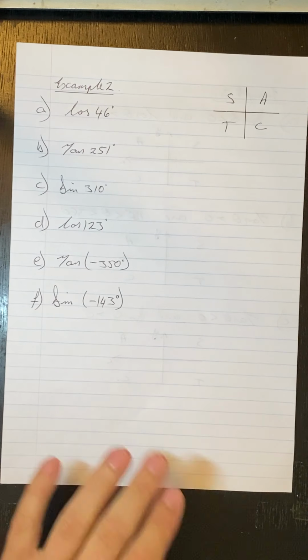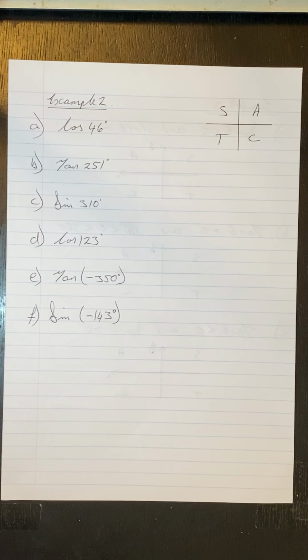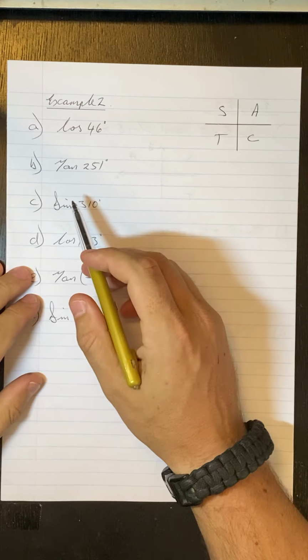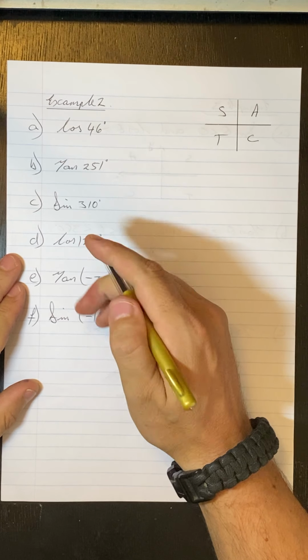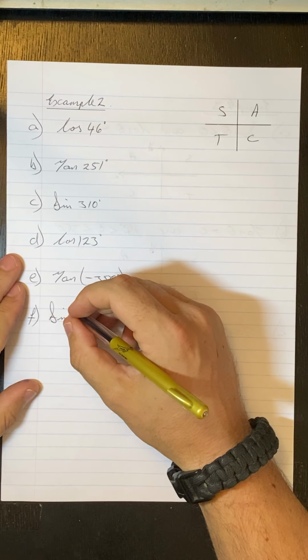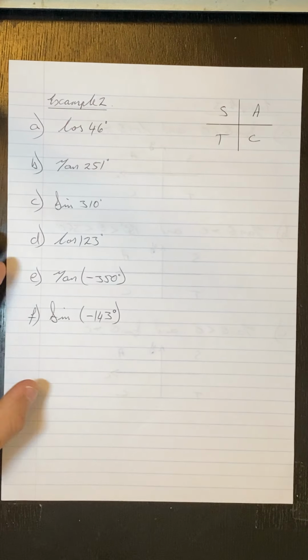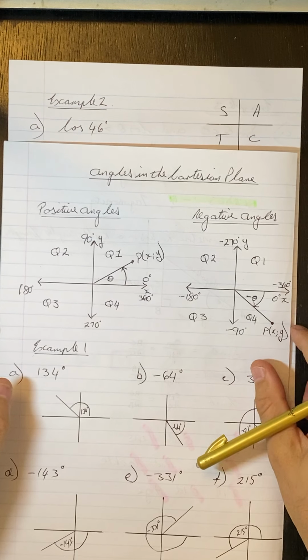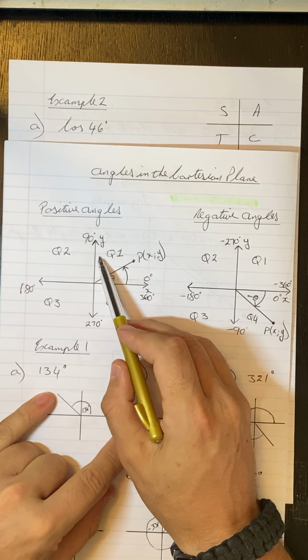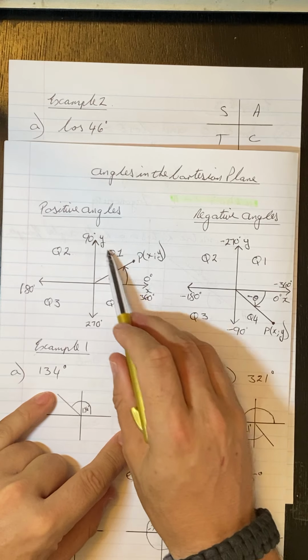So the next slide, example 2, it's saying to us, determine whether each of the following function values are positive or negative without the use of a calculator. So cos 46, now if we go back to our original where we defined our quadrants, we can see that 46 lies in this quadrant here between 0 and 90.